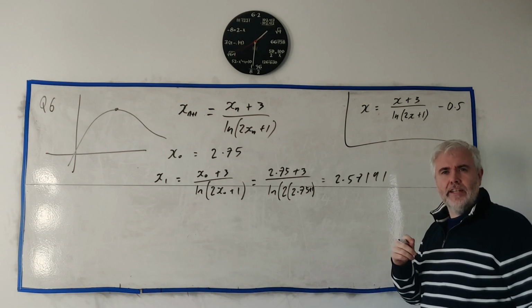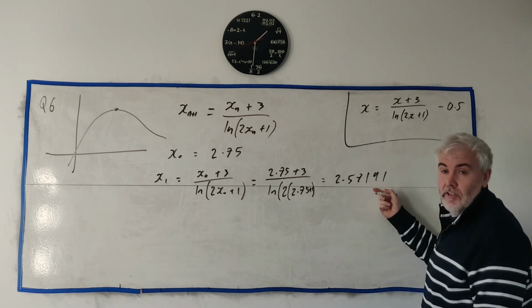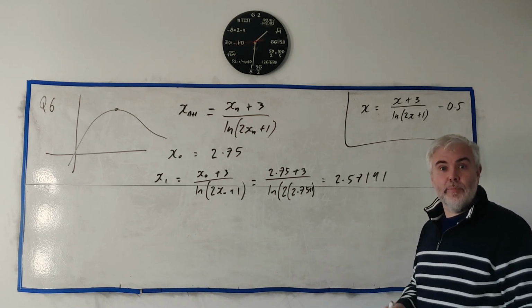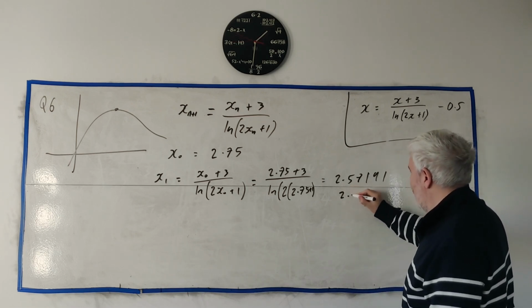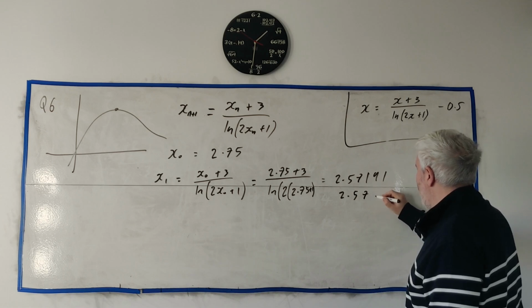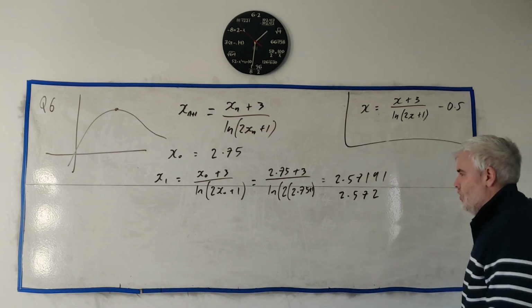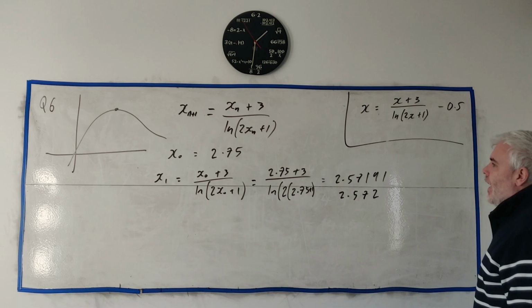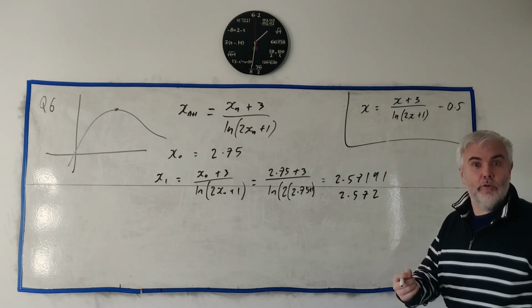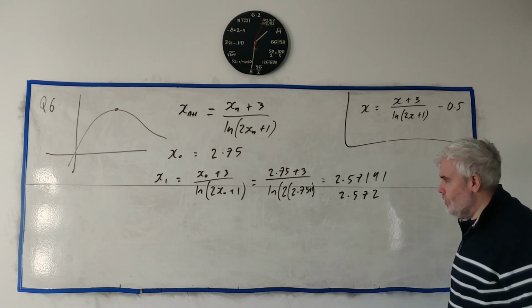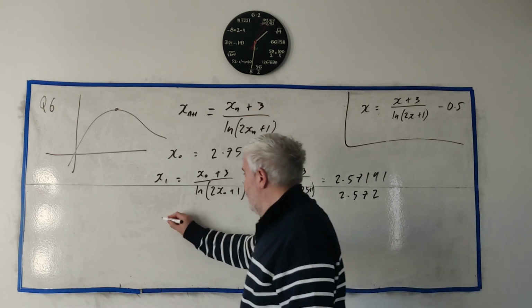They asked for your answers to be 6 significant figures, and they want your final answer to be 4 significant figures, so I'm going to write them all as 6 and as 4. We know we're at the right answer when you get 2 answers the same in a row of these 4 ones.